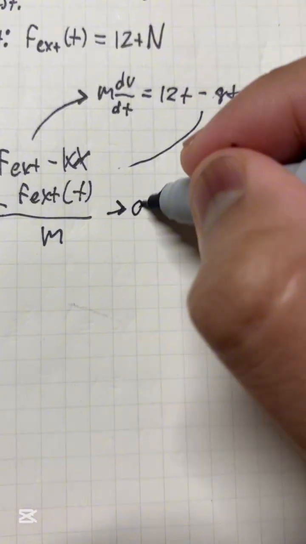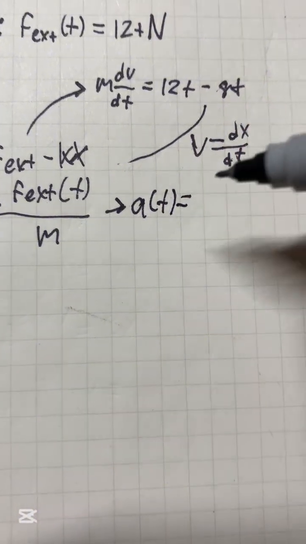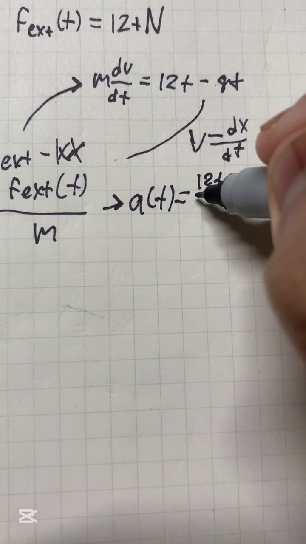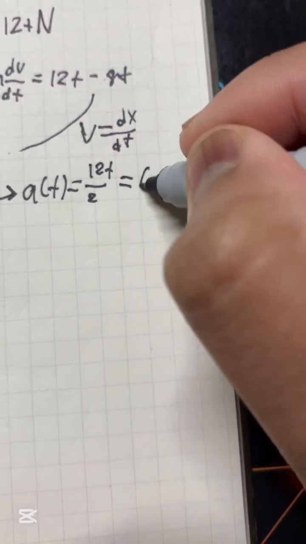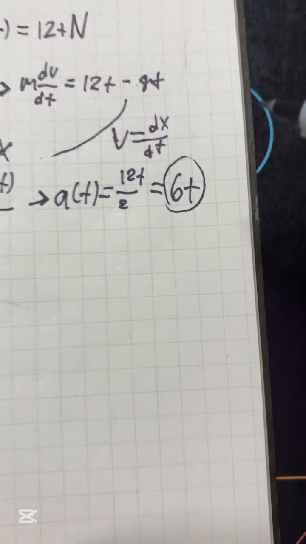Now you just plug in values: 12t over 2 equals 6t. Acceleration is 6t.